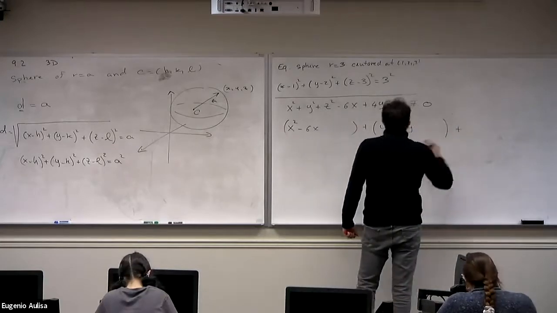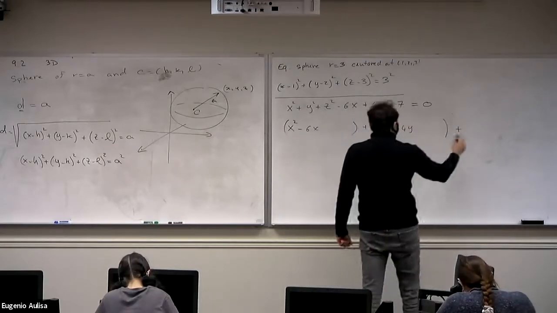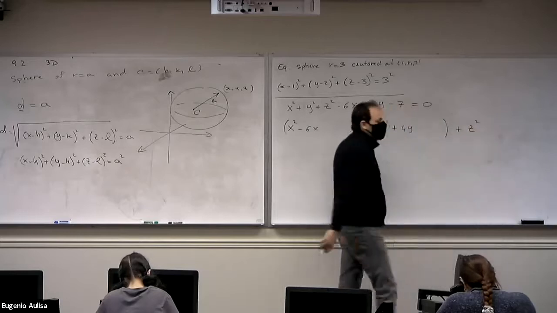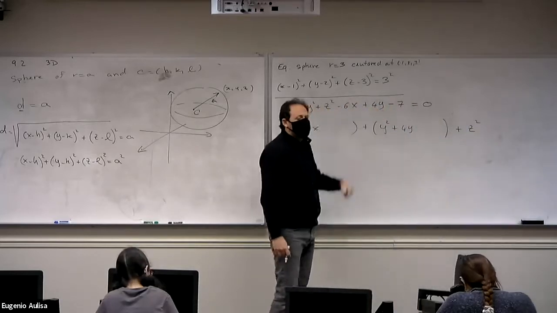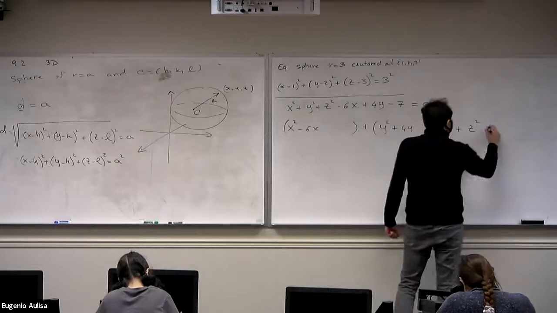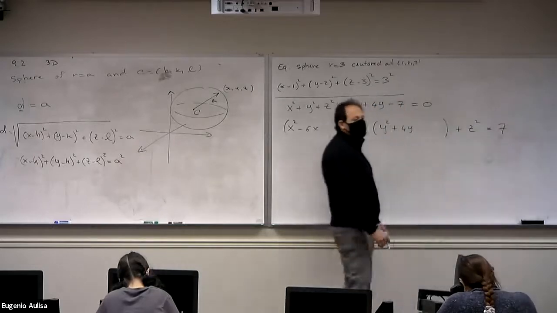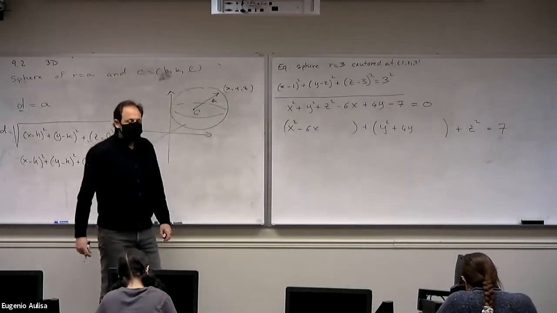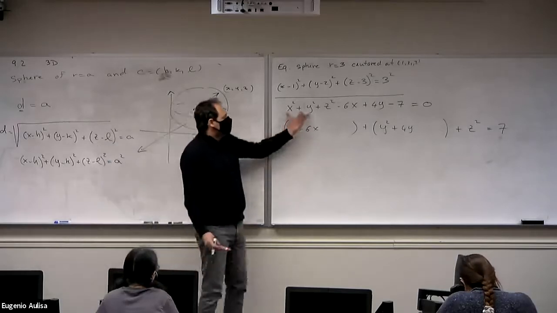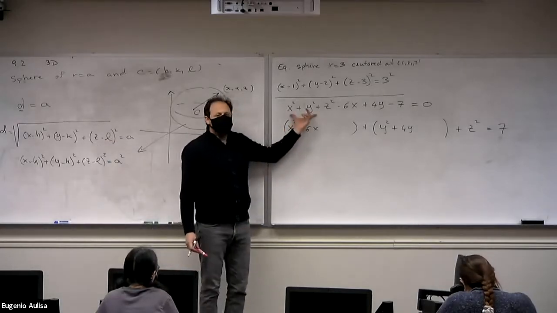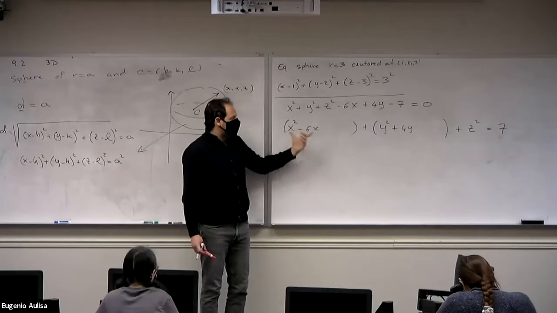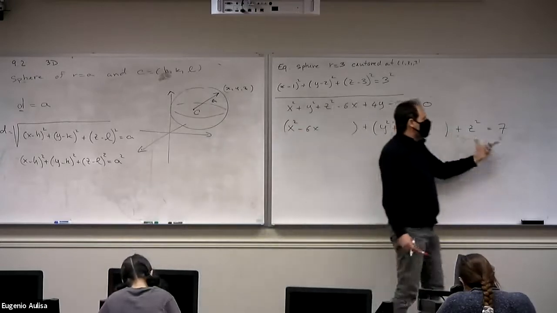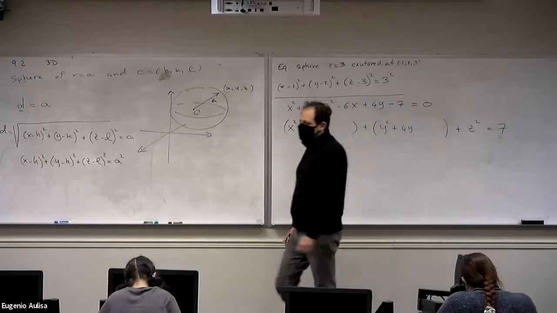You need to group together all the z terms. There is only z squared, no linear term in z. And you send the constant to the right-hand side. So we basically manipulate this equation without changing it.